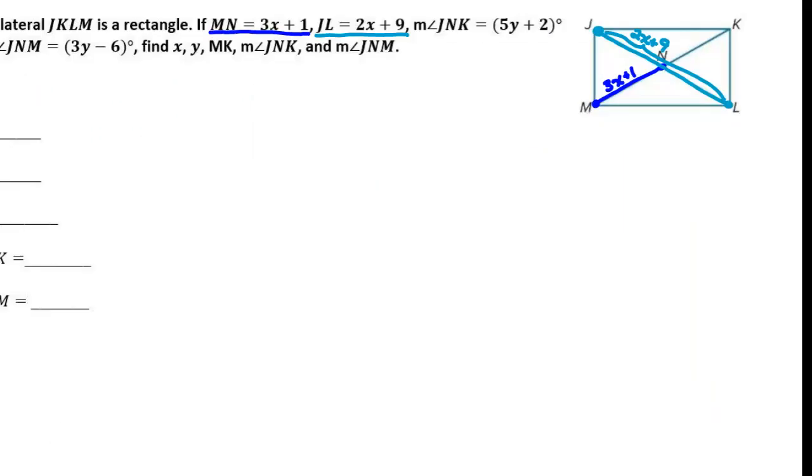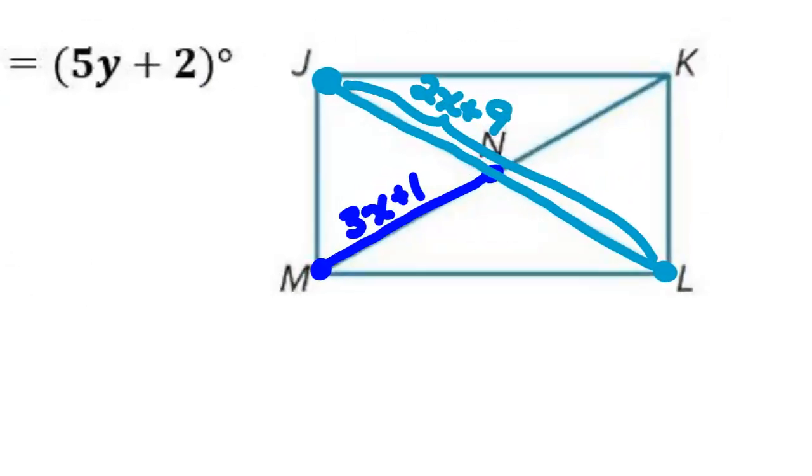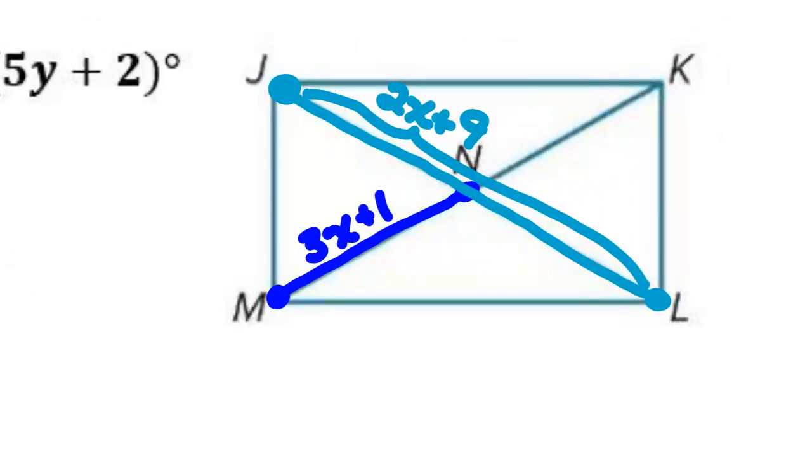Before we go any further in the problem at all, what do we know about the 2 diagonals in a rectangle? They bisect each other. That's true about rectangles and parallelograms. Rectangles have one more feature beyond that, but the bisecting is going to be important for this. What else is true about the diagonals in rectangles?